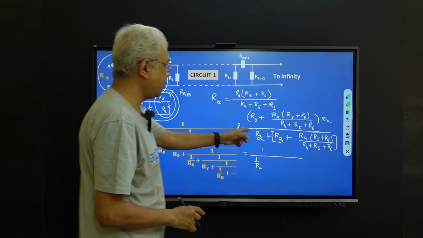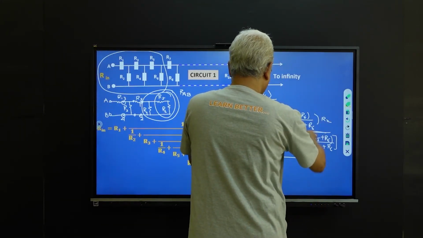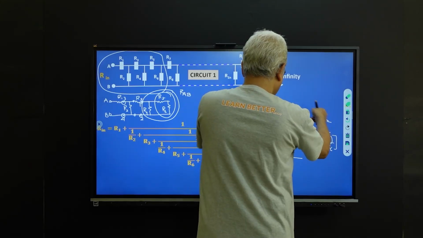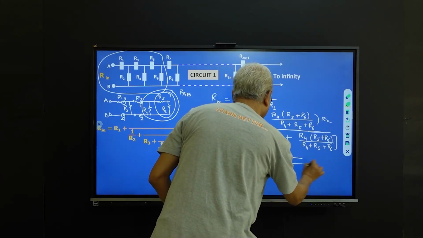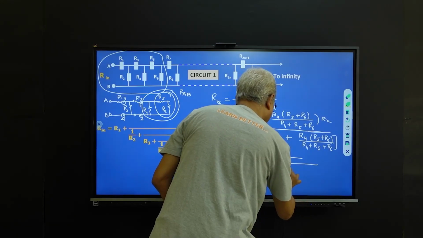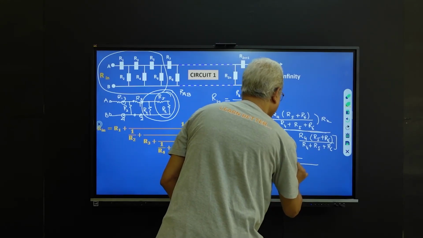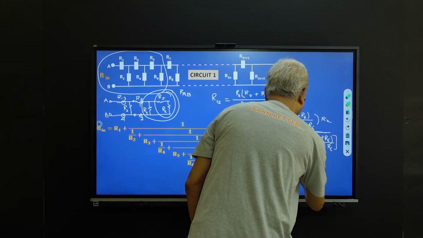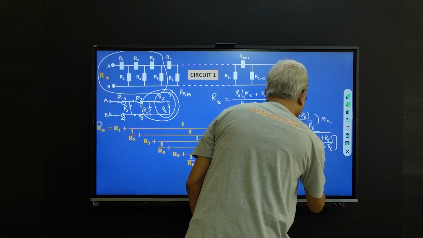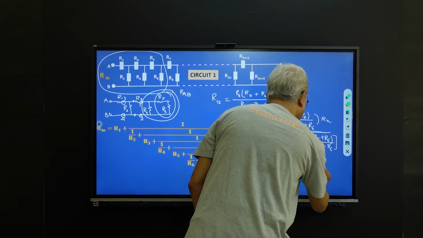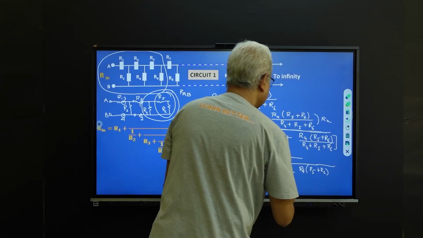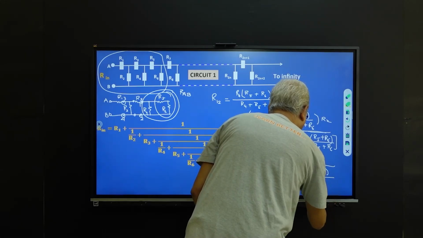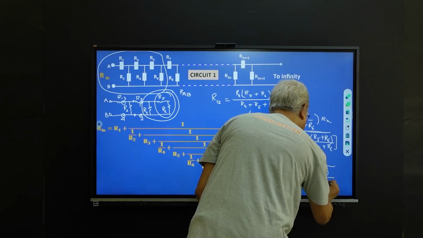And then this quantity R2, when it is divided by this quantity, I get 1 by R3 plus R4 into R5 plus R6 by R4 plus R5 plus R6.